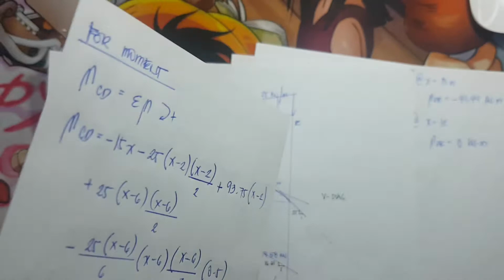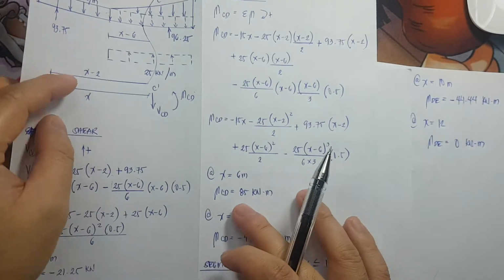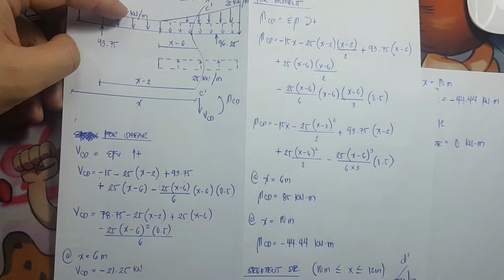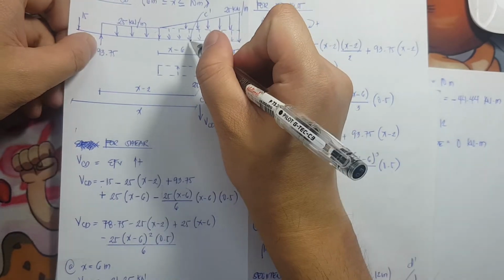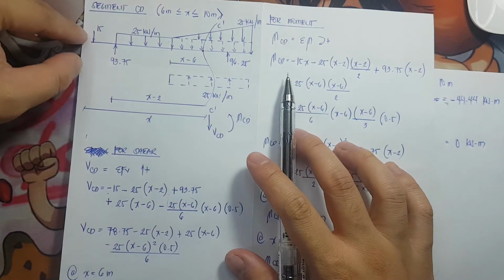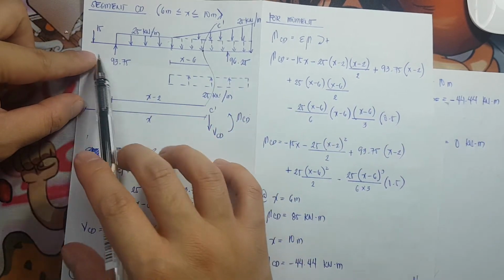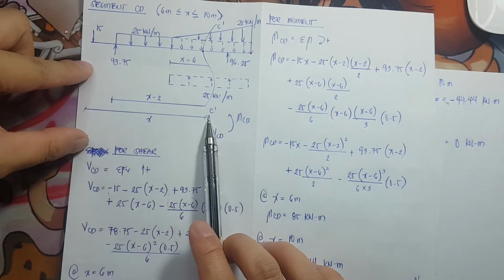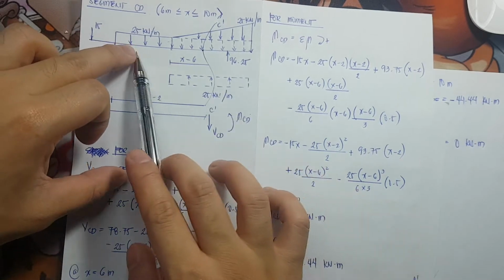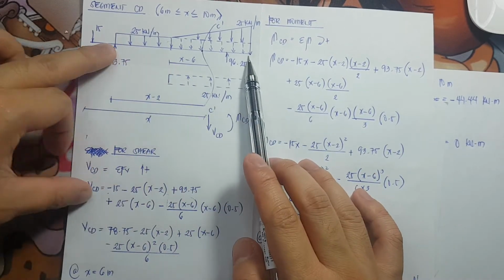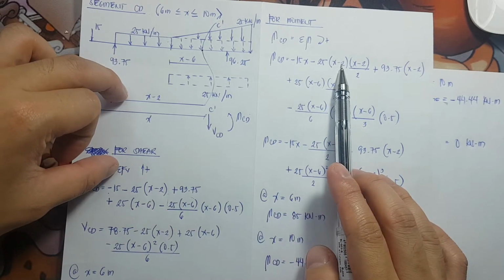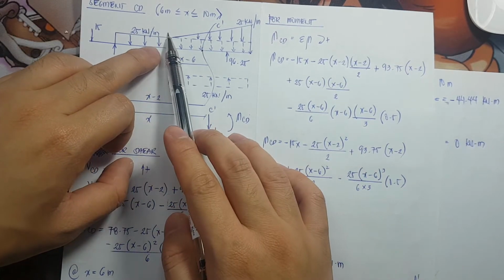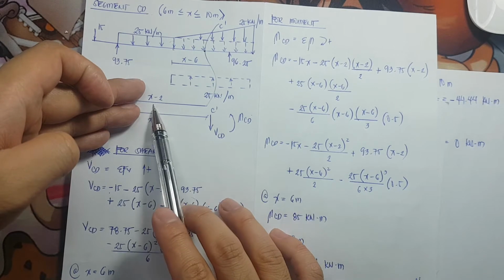Okay? And for the moment, what are the forces that are going to rotate with respect to the point of the cutting plane? So we have 15 times a distance of X, minus 25 with a span of X minus 2. Take note, this is X minus 2. Then, the lever arm is located at the center, so X minus 2 over 2.